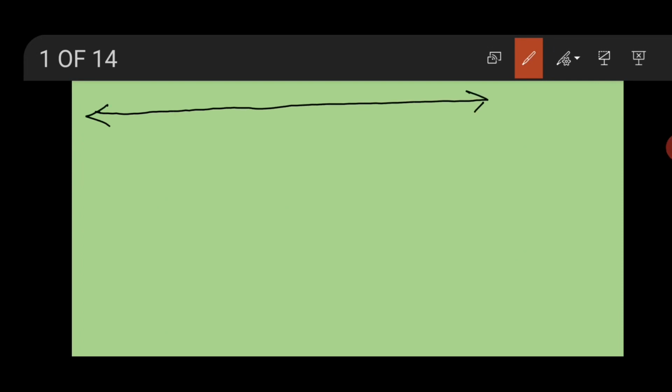Now let us represent whole numbers on number line. See, this is number line. Take numbers on it, whole numbers starting with 0, 1, 2, 3 and so on. Right? These are all whole numbers.